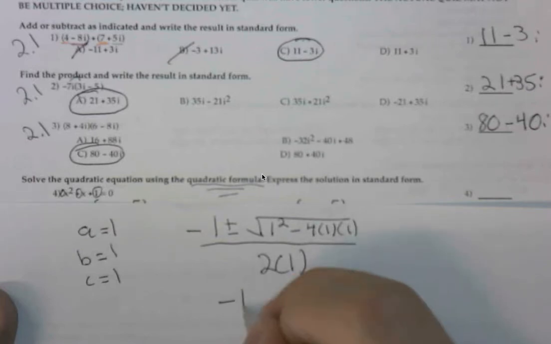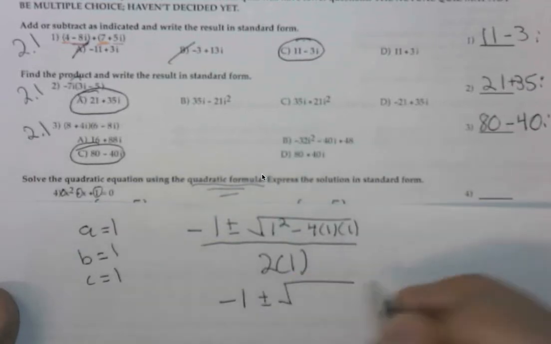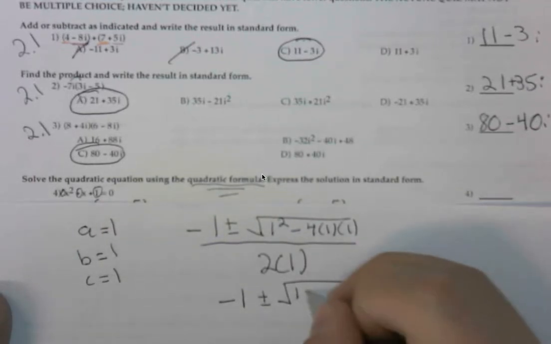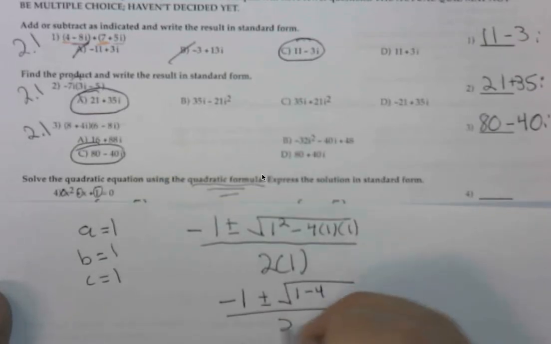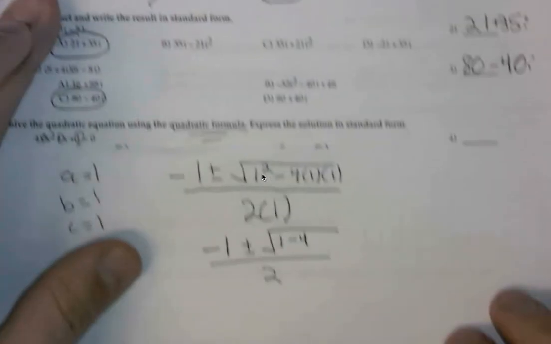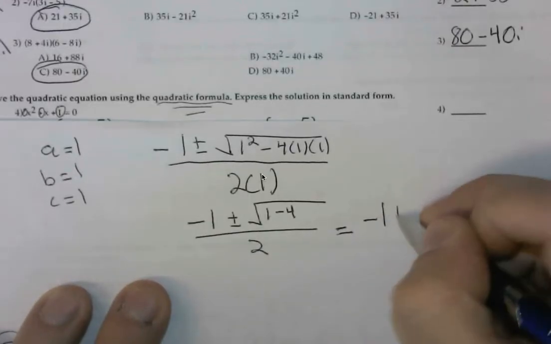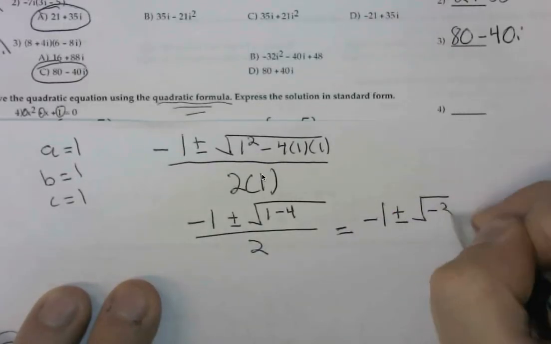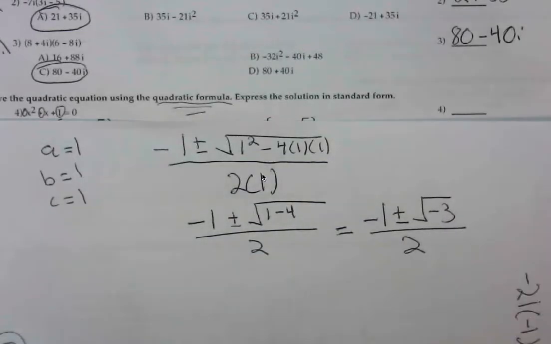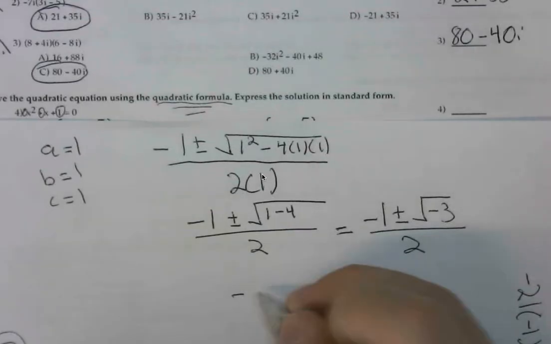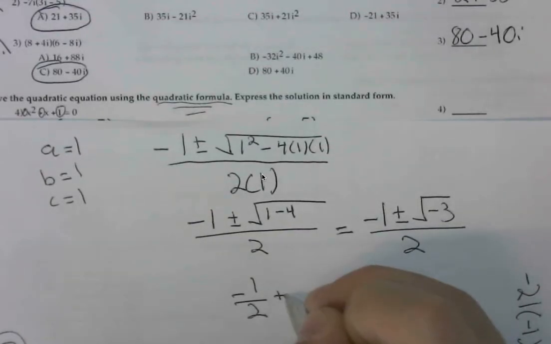We can rewrite this as negative 1 plus or minus the square root of 1 squared, which is 1, minus 4. This is all over 2. We can then take this further. 1 minus 4 is going to get us square root negative 3. This is all over 2. You know how to rewrite this as 2 fractions, right? So keep that negative 1/2 plus or minus.